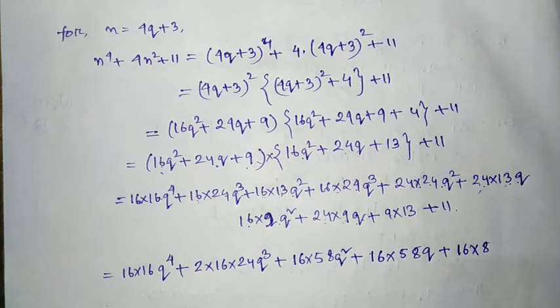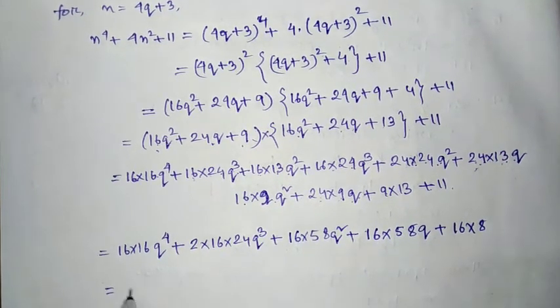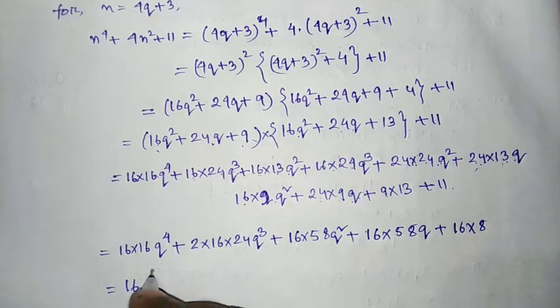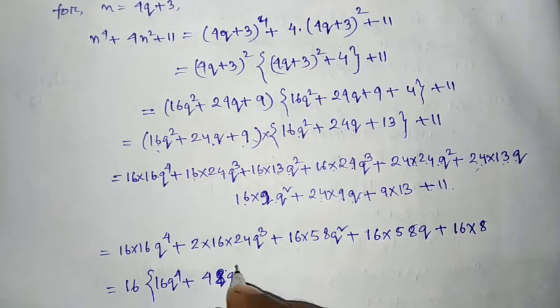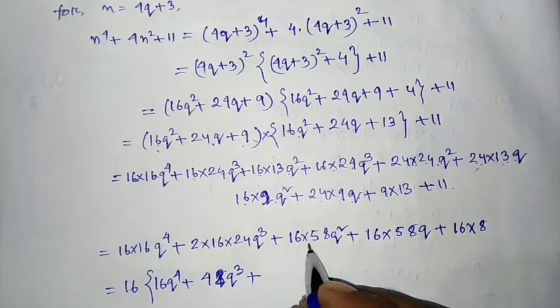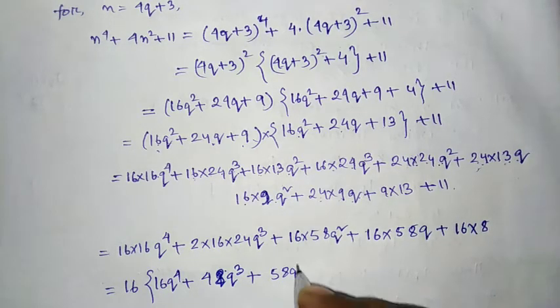And then 9 into 13 plus 11. After adding this, we get 128. 128 can be written as 16 into 8.